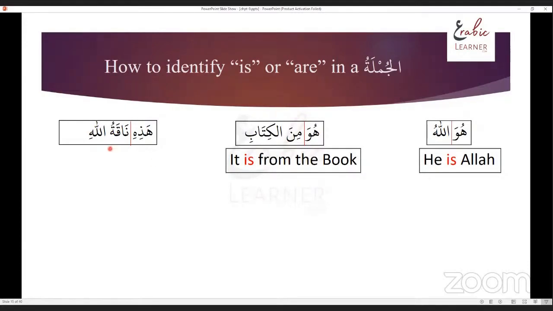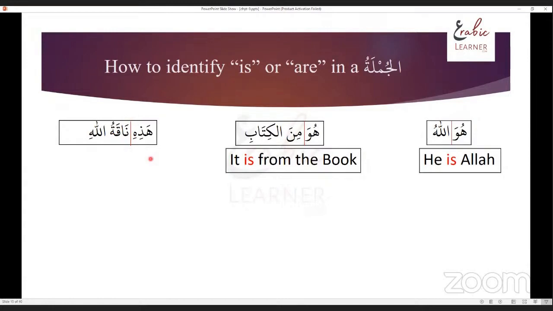Hadihi naqatullahi. If you don't know the meaning of a word, I can tell you the meaning of that word. What is the meaning of the whole sentence now? Hadihi, this is.